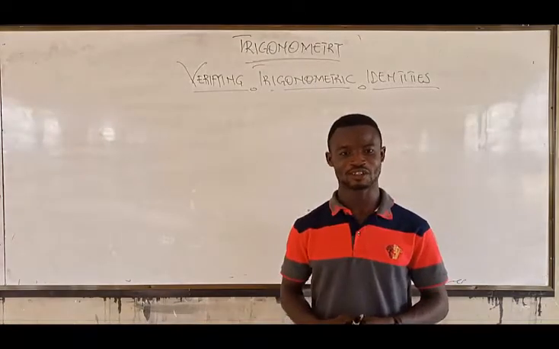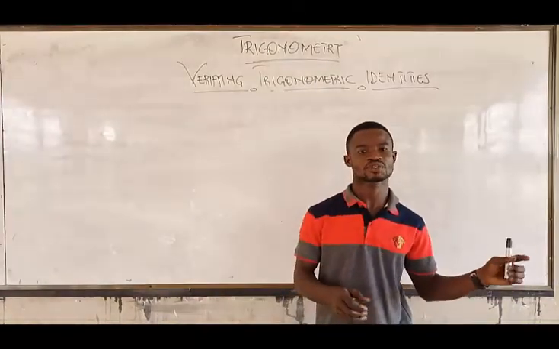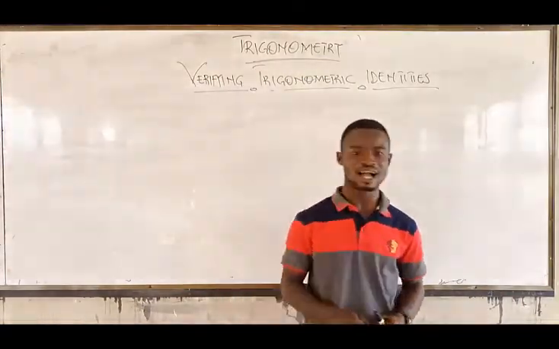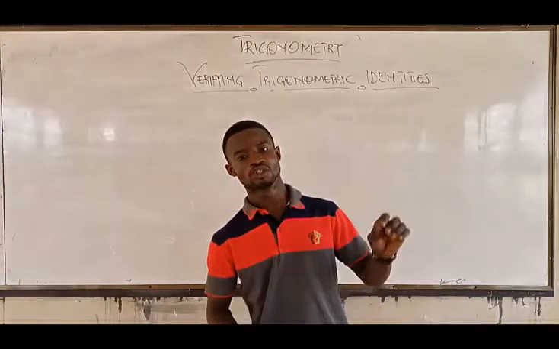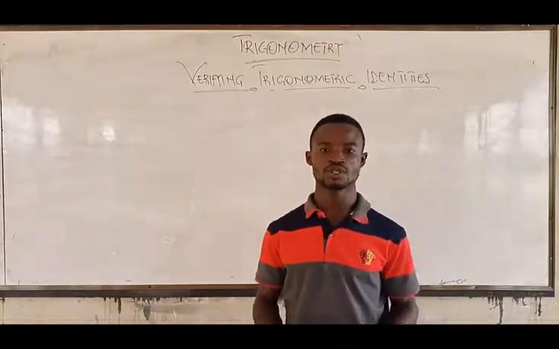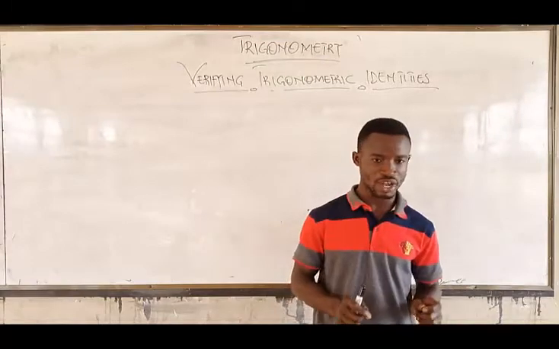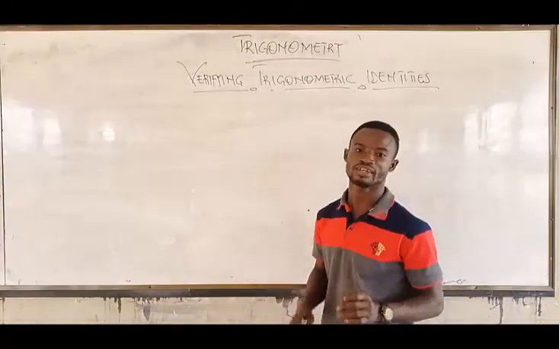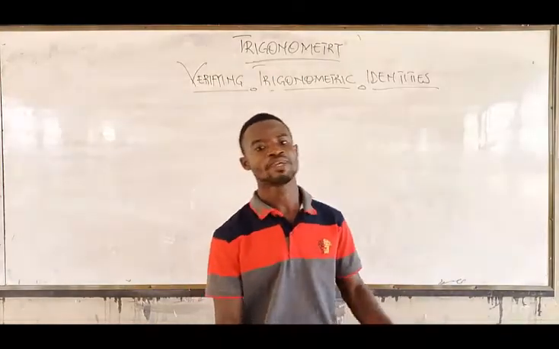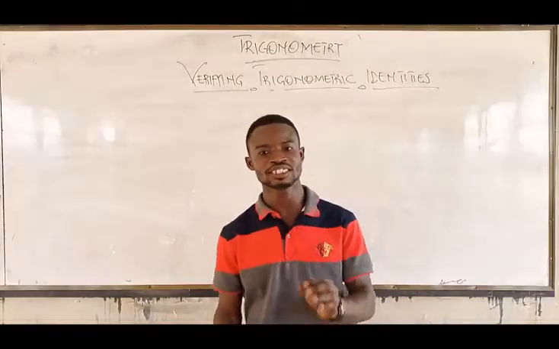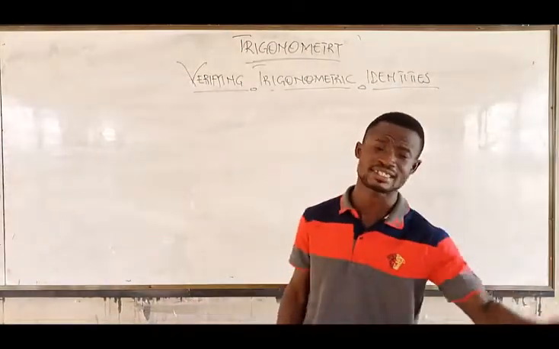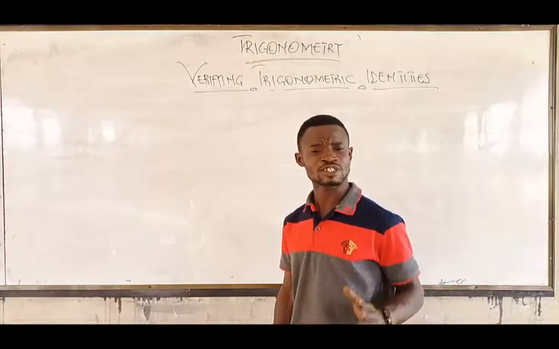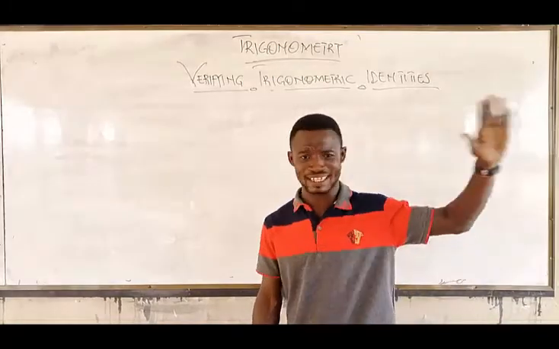Very good. So one of the skills required for more advanced work in mathematics, especially in calculus, is the ability to use identities to write expressions in alternative forms. We develop these skills by using the fundamental identities. Up to now, please, if it's not open, go back and revise.